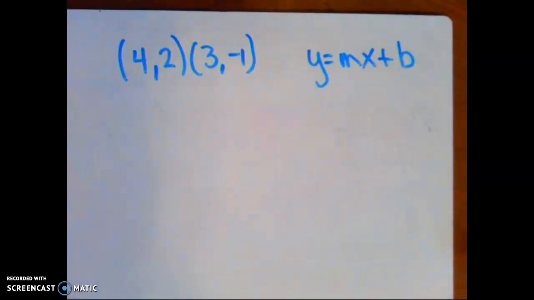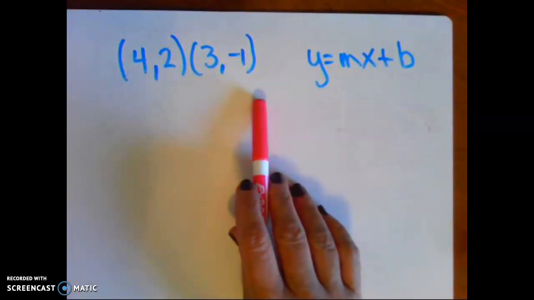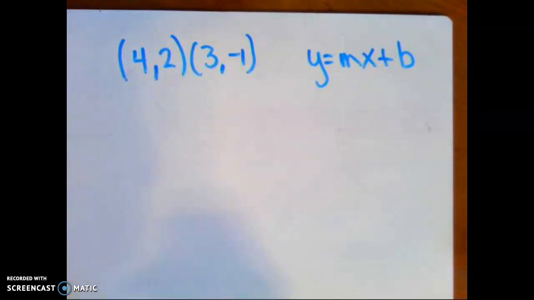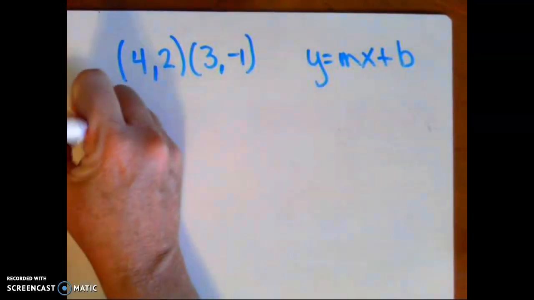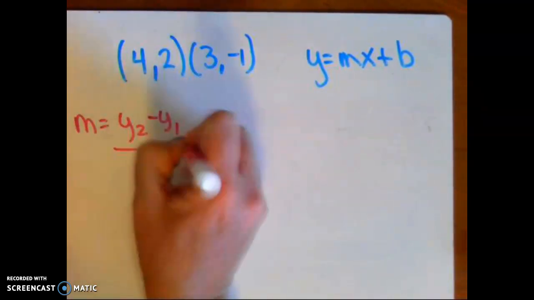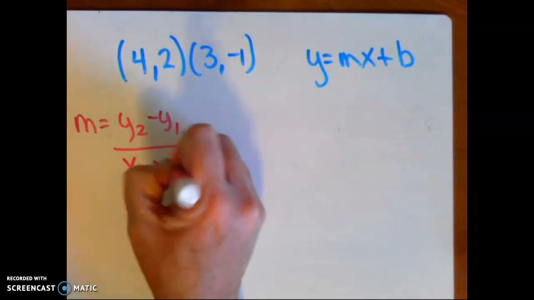So what happens when you do not get the graph to look at as a visual and you're only given 2 coordinates of points and you're asked to write the equation of a line? Well, we can use our equation for slope, which is the difference of the y's over the difference of the x's.